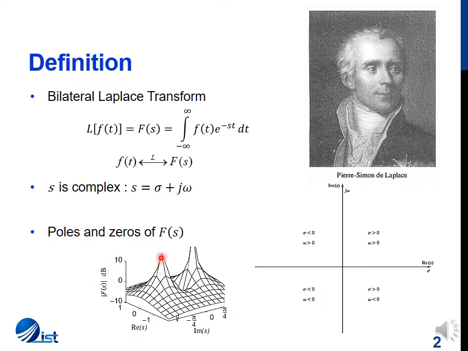So the values where the magnitude is too high, gets out of range, is a pole of F of s, and the value where we see a dip is the zero of F of s. If we have the poles and zeros of F of s with us, then keeping a multiplier factor aside, F of s can be completely described by a description of its poles and zeros.